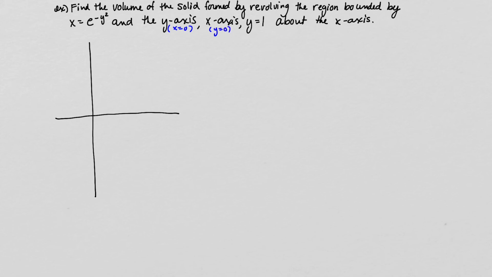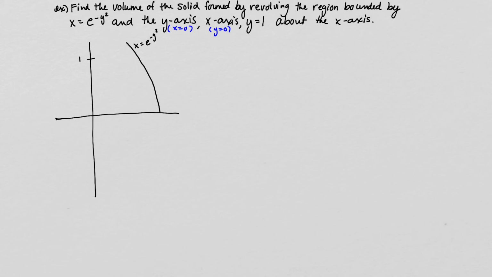So if I do that for these lines here, the curve looks something like this. That's the curve x equals e to the minus y squared.